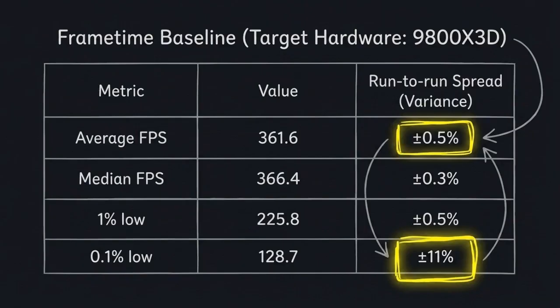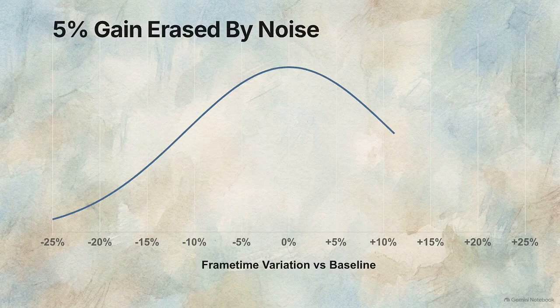This baseline table reveals a critical finding. Even in a sterile environment, the 0.1% low metric carries an inherent plus or minus 11% run-to-run variance. Compare that extreme variance against the highly stable average frames per second metric at the top, which only varies by a negligible 0.5%. This curve visualizes the trap.